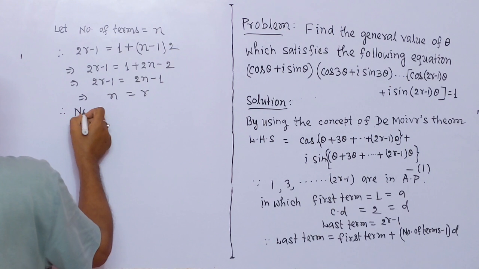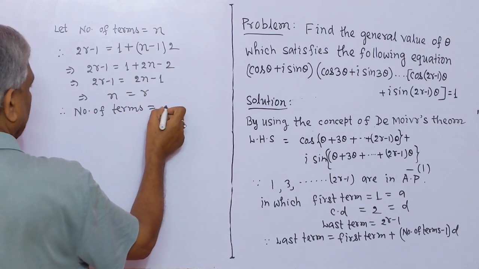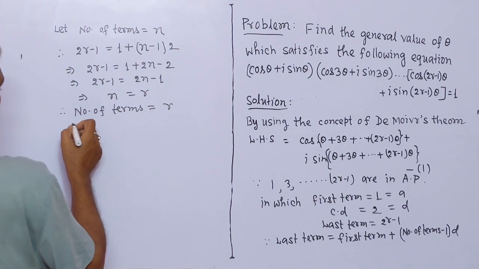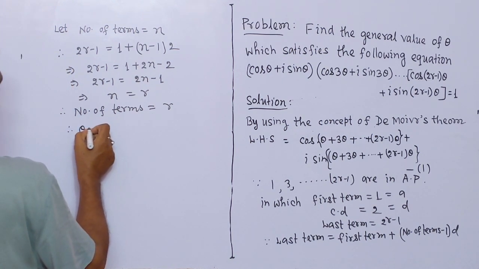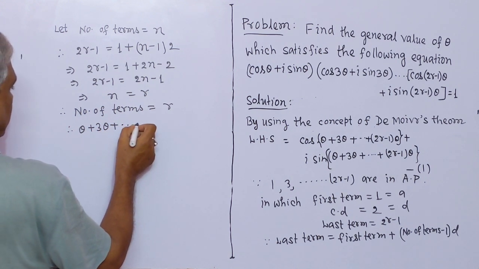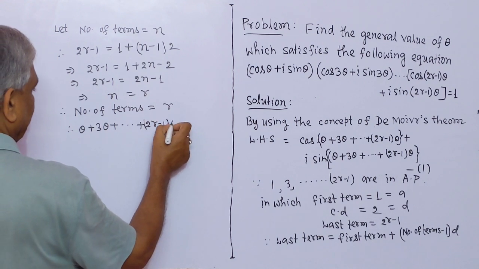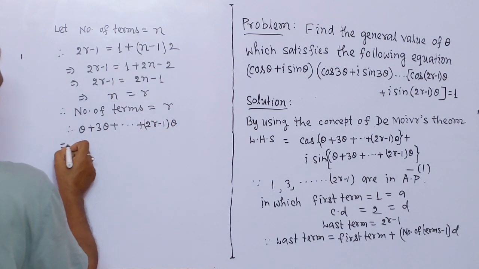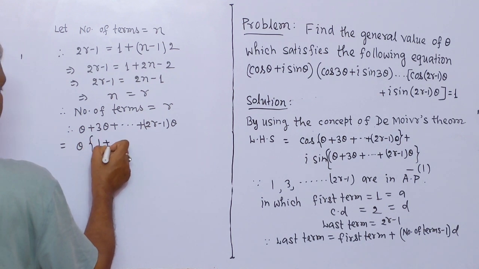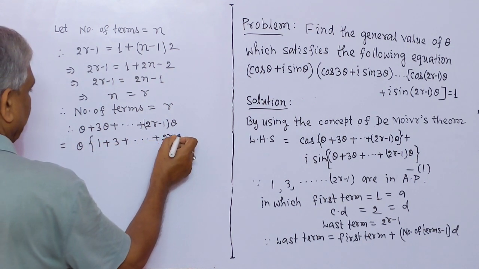Therefore, number of terms equal to r. Therefore, theta plus 3 theta plus and so on plus (2r minus 1) theta equal to theta (1 plus 3 plus and so on plus 2r minus 1).